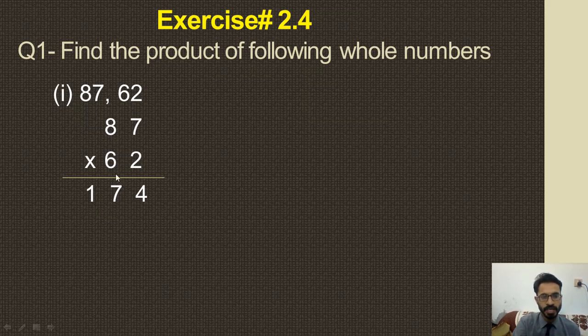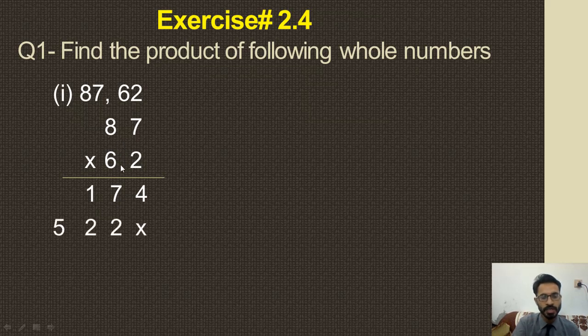We will write 7 under 8 and 6 and we will write 1 on the left hand side. So when we multiply 2 with 87, we got 174.